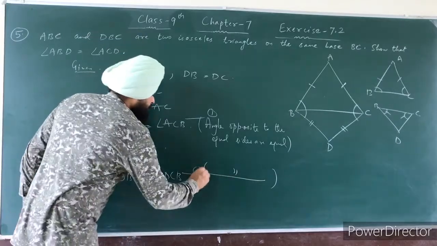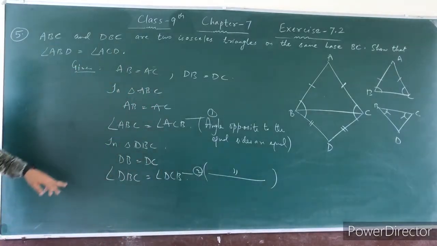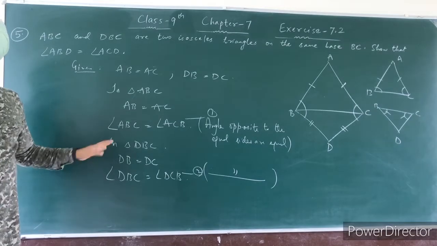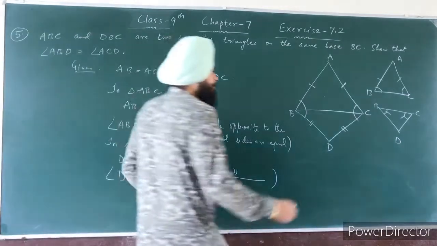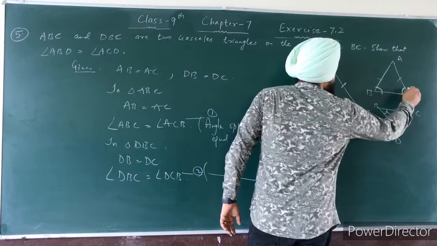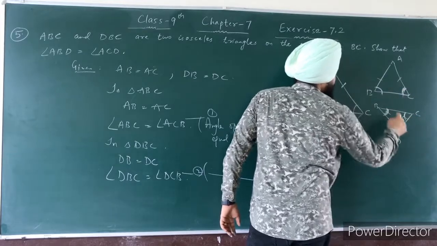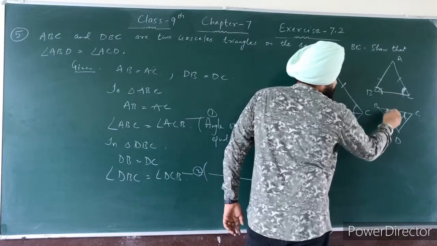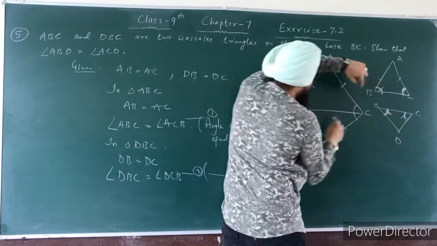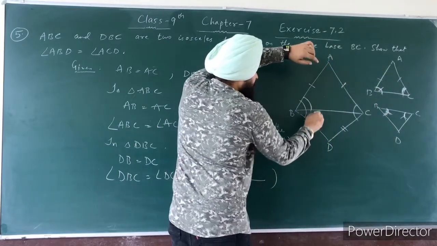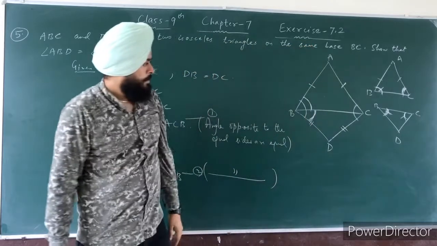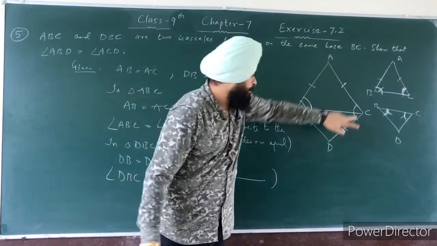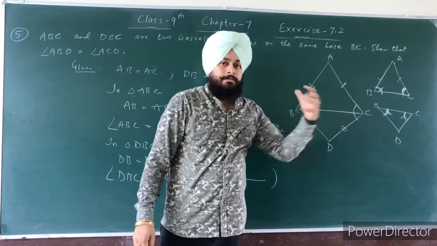Now take this equation number 2. Now add equations 1 and 2. Add both of them. You can see here this angle equal to this one and this angle equal to this one. If you add both equations 1 and 2, then when you add these angles, this one and this one, if you add angle ABC plus angle DBC, then what will come?